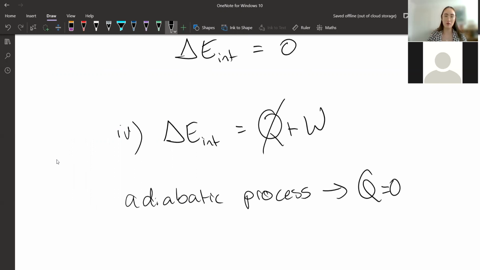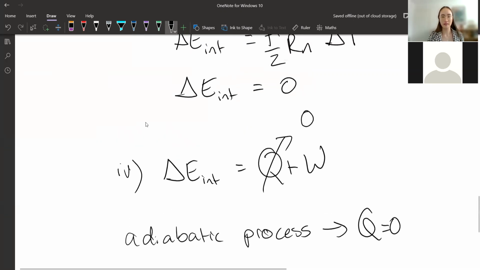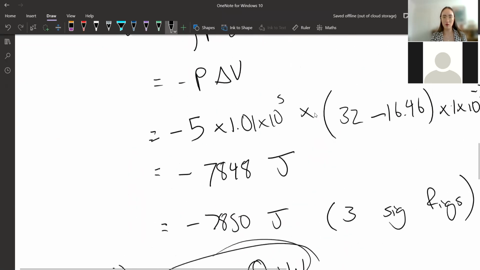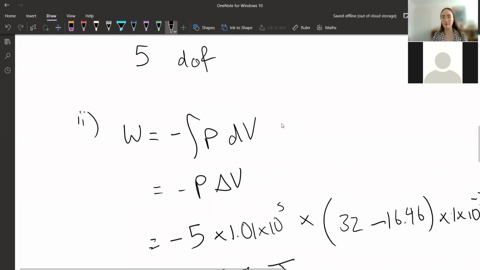So now we can solve this by either finding the change in internal energy using this equation here, or we can calculate the work using this equation here.